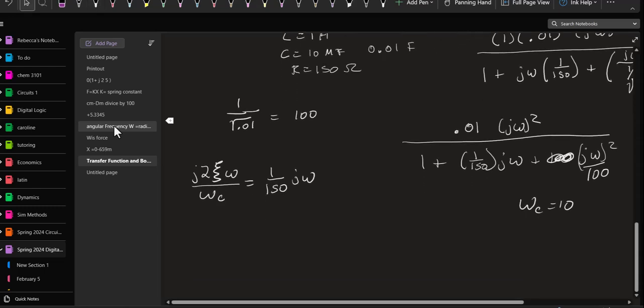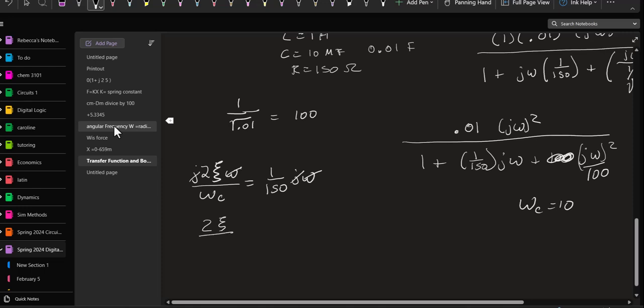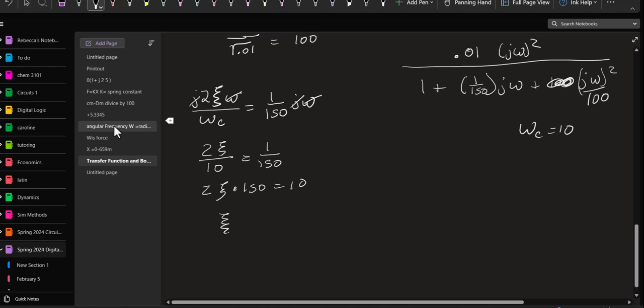So to find out what c is, we set these two equal. Omega cancels, j cancels. We know what omega c is, it's 10. So 2c over 10 equals 1 over 150, and 2c times 150 equals 10, or c equals 10 over 300, or c equals 1 over 30.